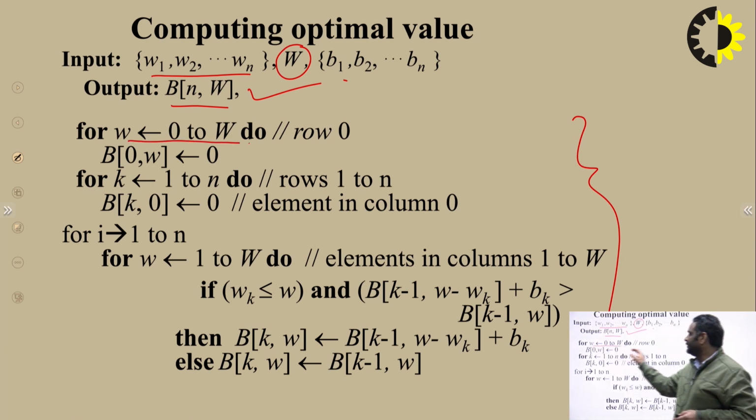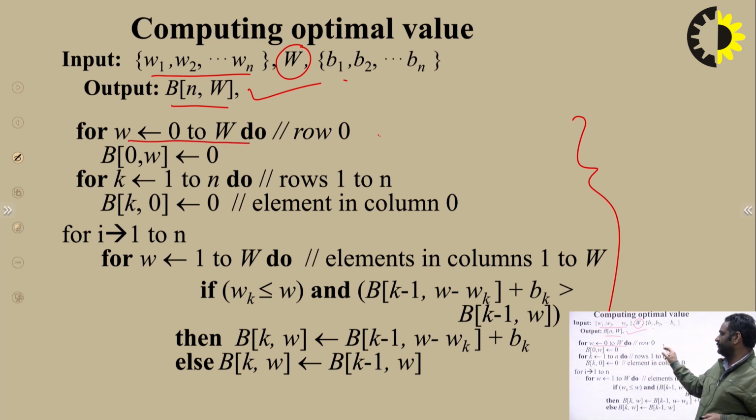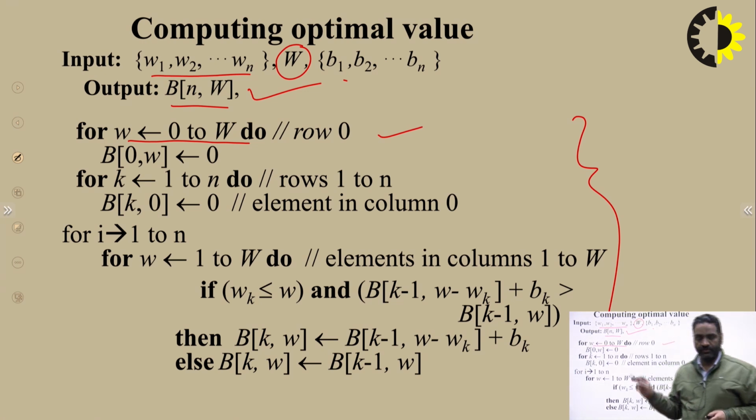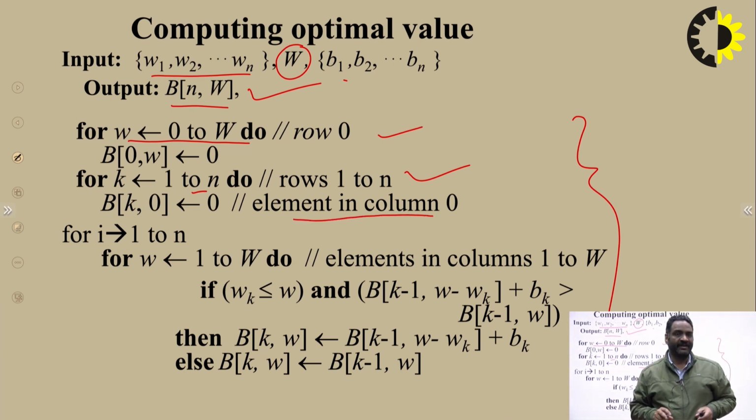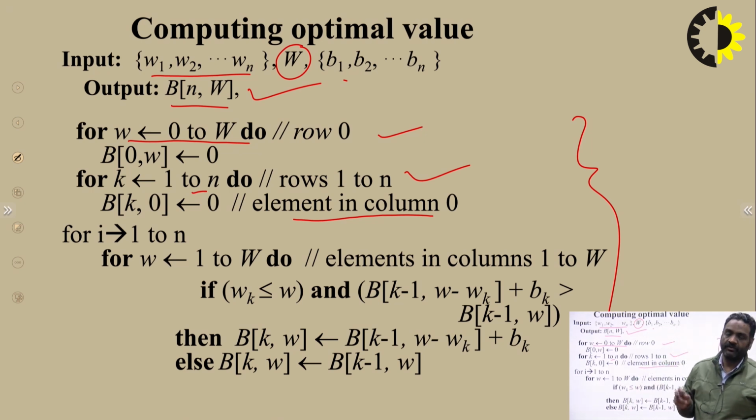First, for W from 0 to W, do row 0, meaning the first row will remain 0. That means we are not including any items. In the same manner, K from 1 to n, do rows 1 to n, and the B[K][0] elements in the column are 0. It also represents that if we are not including any item, we have 0 profit.